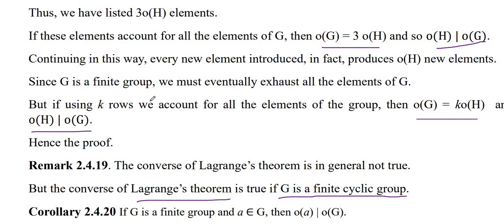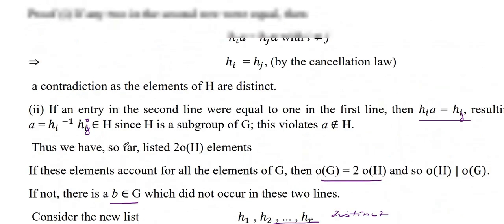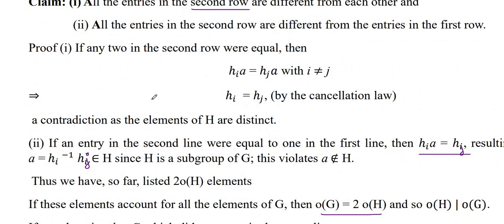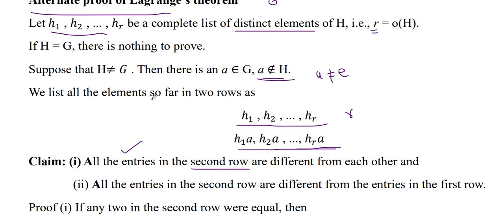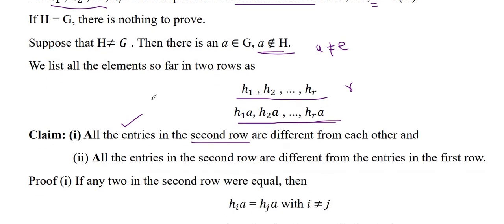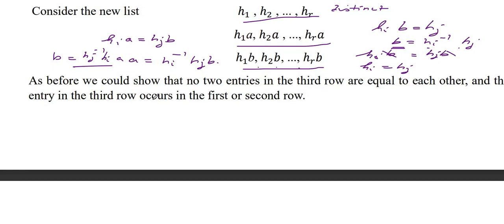If only the statement of corollaries is asked, you should not prove them. State and prove Lagrange's theorem means state Lagrange's theorem and give either this proof, this alternate proof, or the other one which involves congruence classes, that is, right cosets. So the 5 corollaries will be discussed in the next video.